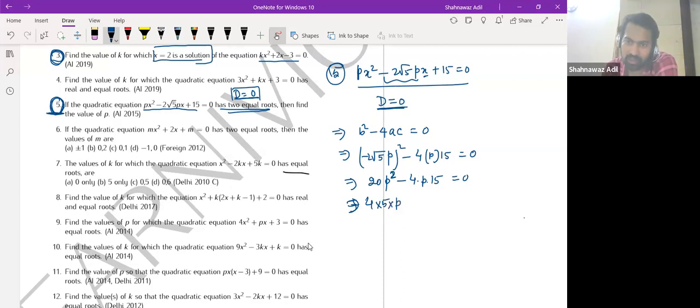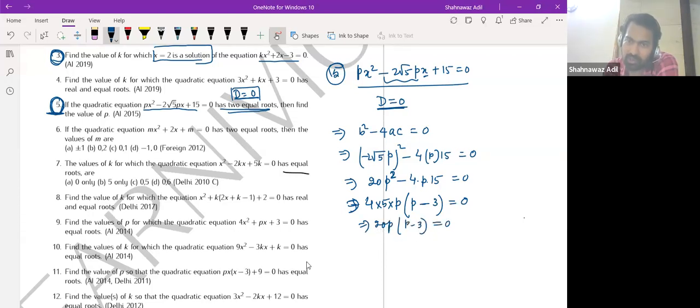These three things are common, right? So 20p times p minus 3 equal to 0.